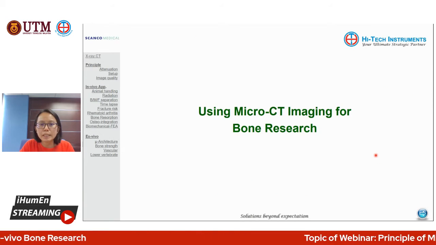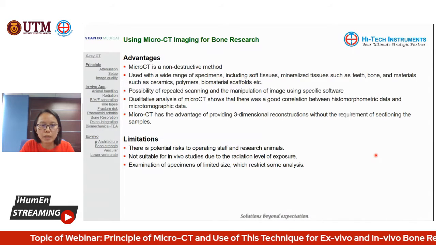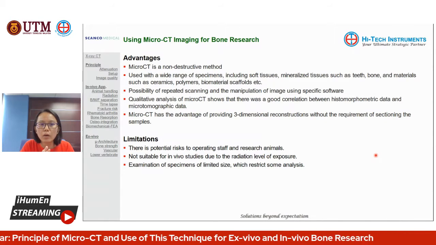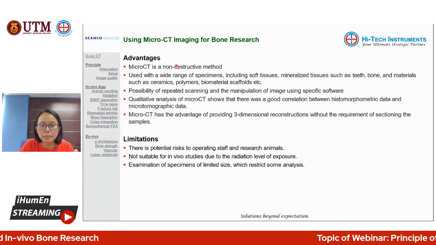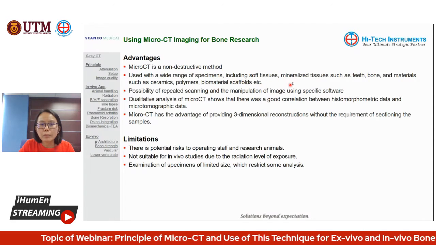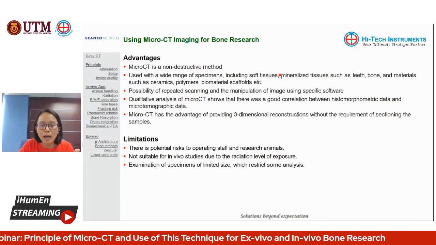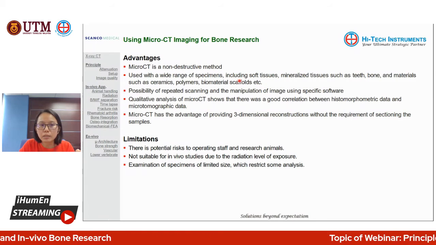Okay, coming to the use of micro CT for bone research. The advantages of using X-ray micro CT for bone imaging are, first of all, that it's a non-destructive method. You can use it for a wide range of specimens, from very soft tissue like the lung or even your heart, to mineralized, harder tissue like teeth and bones, or even biomaterials like scaffolds, up to titanium or polymer.